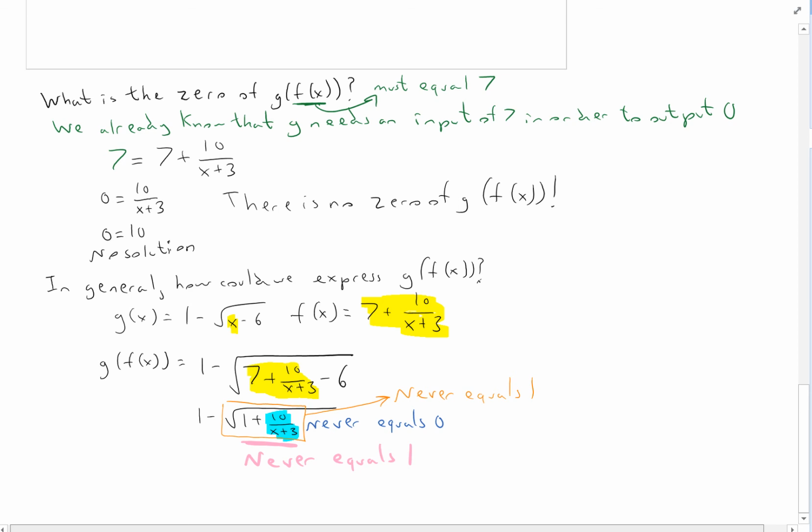And if that never equals 1, I'm never going to have 1 minus 1, which means the whole thing never equals 0. So g of f of x, which is this, can never be 0, which is also what we proved over here. There is no 0 of g of f of x. Crazy.